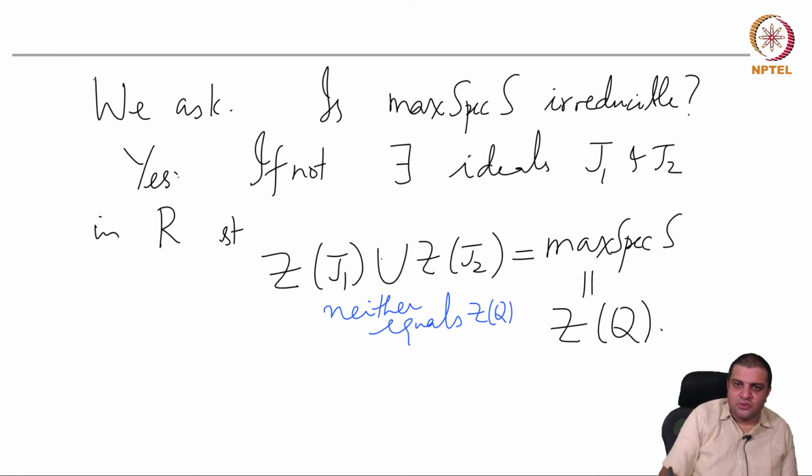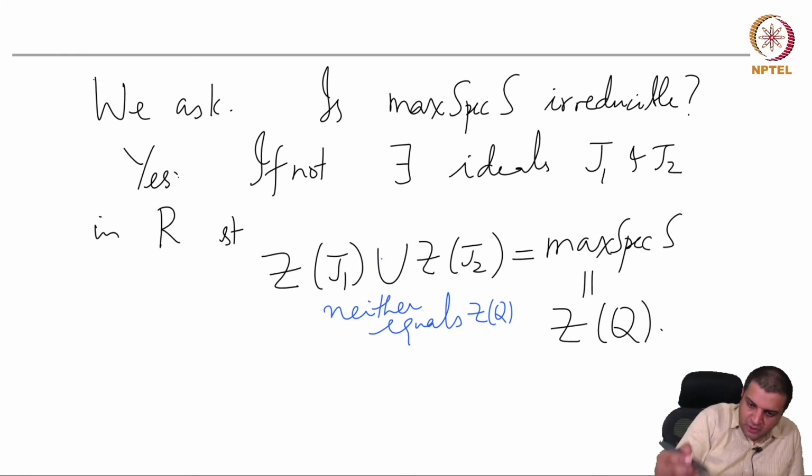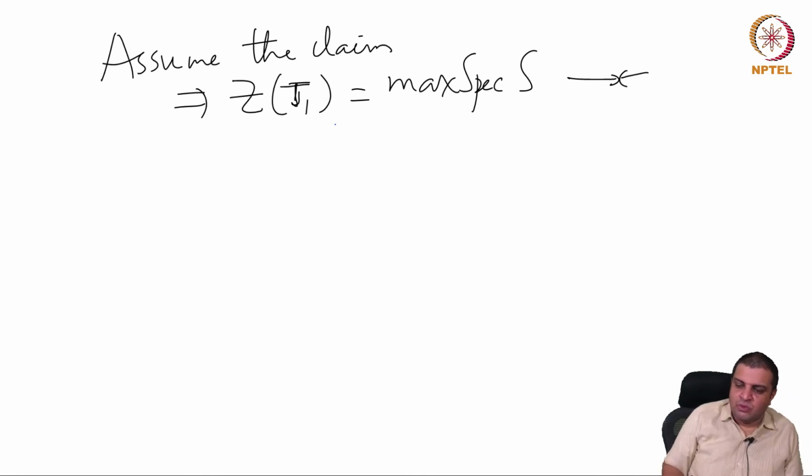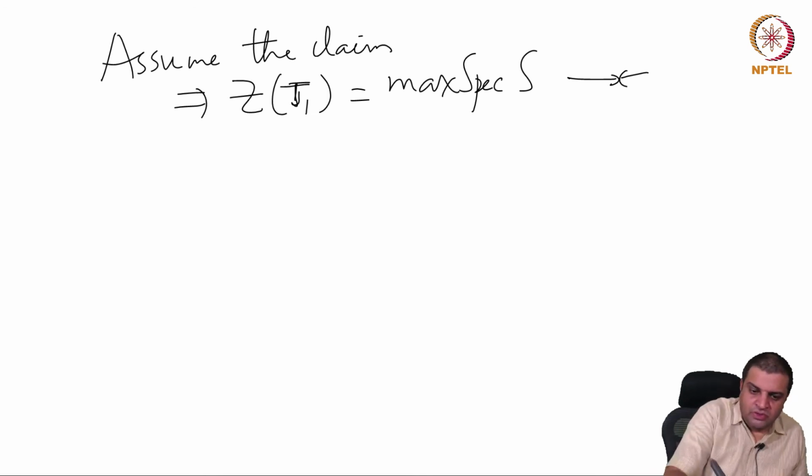Otherwise, there is nothing to prove. The assumption implicitly assumes that these are distinct from Z of Q, although I didn't write it here. So neither of them is equal to Z of Q, but here we are concluding that one of them is equal to Z of Q. So therefore, this is a contradiction.